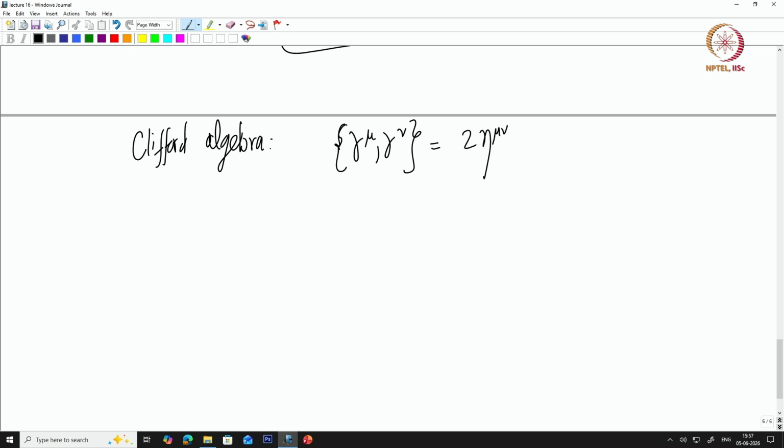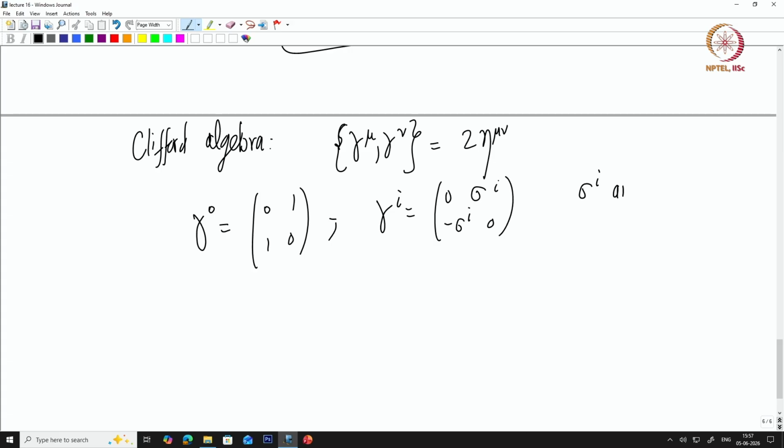This is the simple Clifford algebra. Essentially the gammas are these 4 matrices. Gamma 0 is equal to 0, 1, 1, 0. This is one representation. So gamma i is 0, sigma i, minus sigma i, 0, where sigma i are the Pauli matrices.